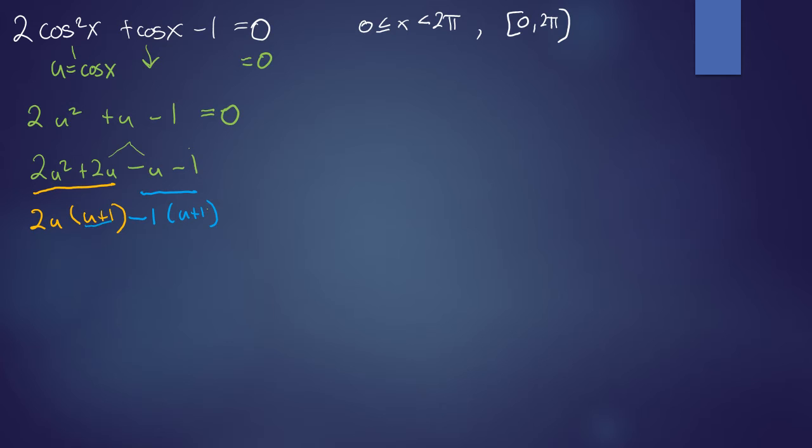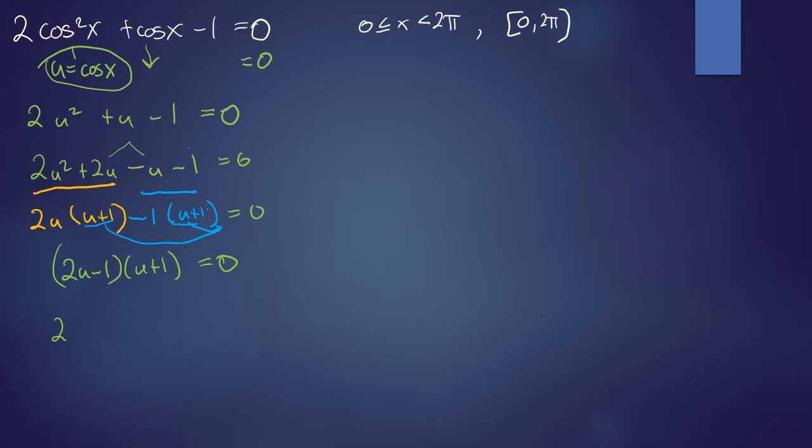I can then factor out my common term of u plus 1, and I'm left with 2u minus 1, and then u plus 1. And all of these are equal to 0. I take each of these terms and then set them equal to 0. But first we're going to put cosine back in for u.